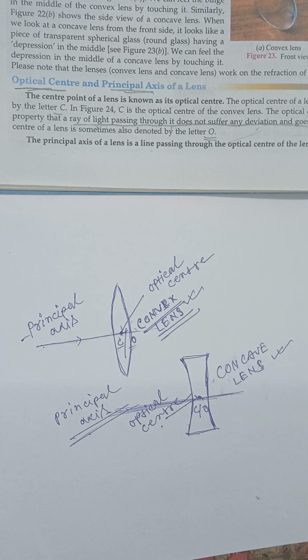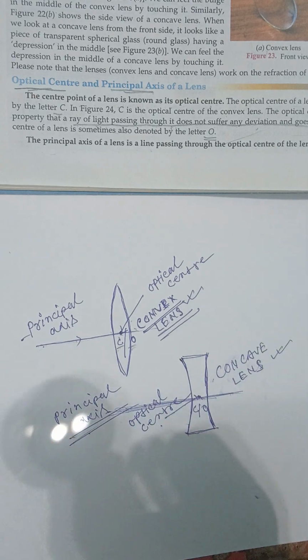Just remember. So today what we have learned: how to identify concave and convex lens, how to represent a concave and convex lens, what is the optical center of concave and convex lens, and what is the principal axis of a concave and convex lens.